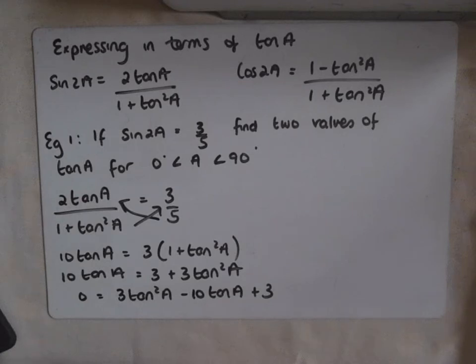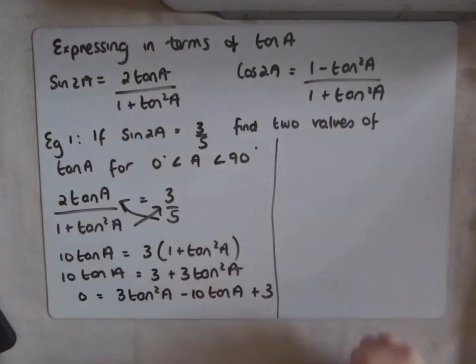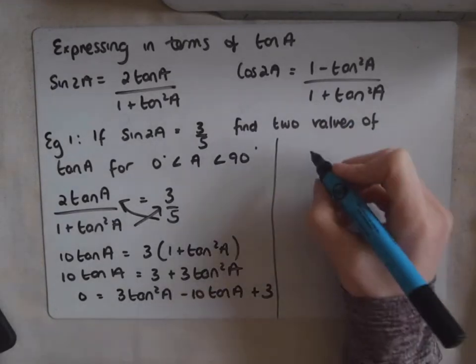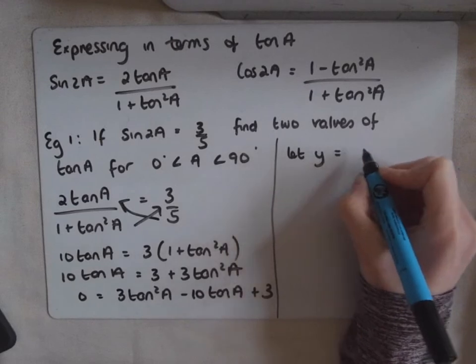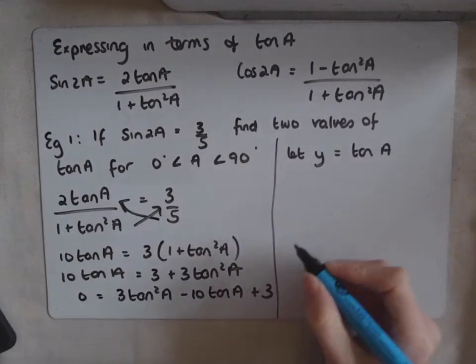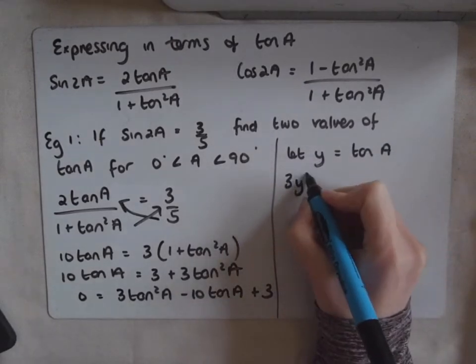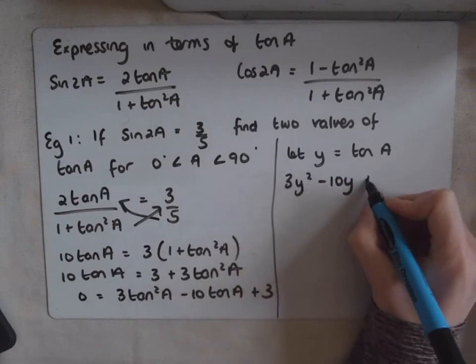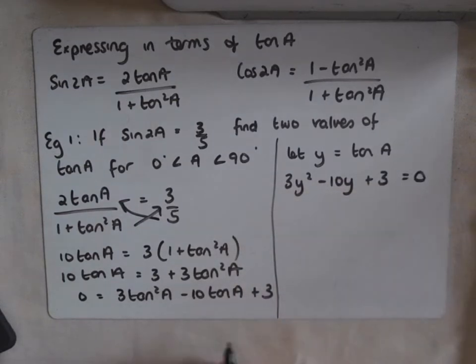Yeah, it is, it's a quadratic, okay? So it's a quadratic with tans in it. Now, I personally don't like dealing with that, so I'm going to say let y equal tan of a. So I'll have 3y squared minus 10y plus 3. Okay? The tan a, I'm just changing it to y.